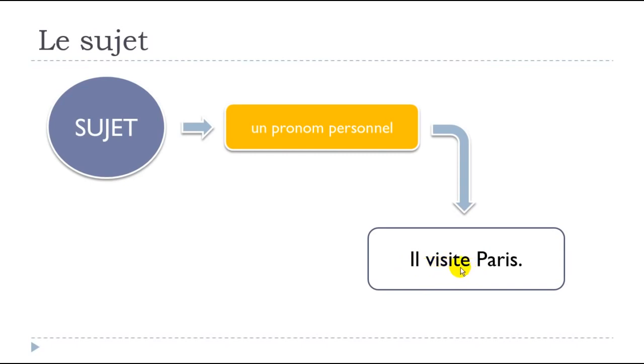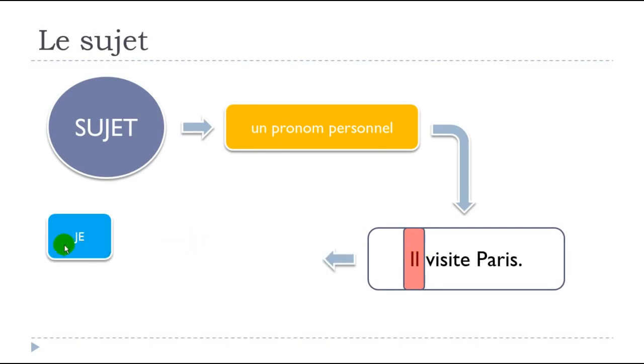Il visite Paris. So in that case you can see quite easily that this is the subject of the sentence, and it's what we call un pronom personnel. In English it's more clear because it's a subject pronoun, so no doubt about the function. And actually we'll discover them together.